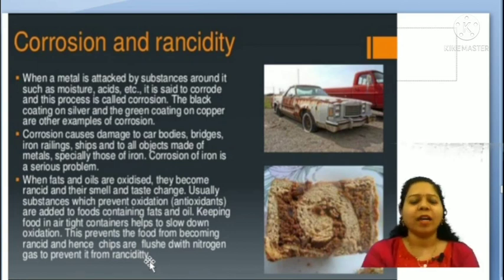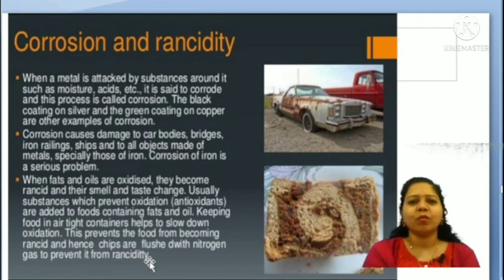When fats and oils are oxidized, they become rancid and their smell and taste change. Now why is this happening? Because when they react with oxygen, their taste and color change, and that process is known as rancidity.